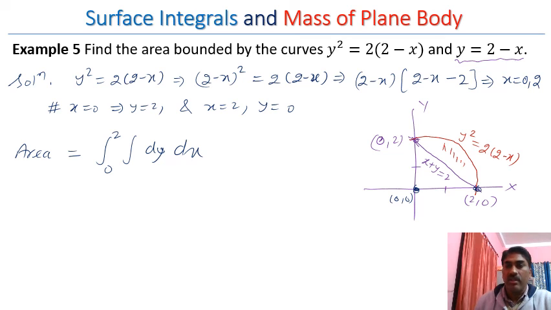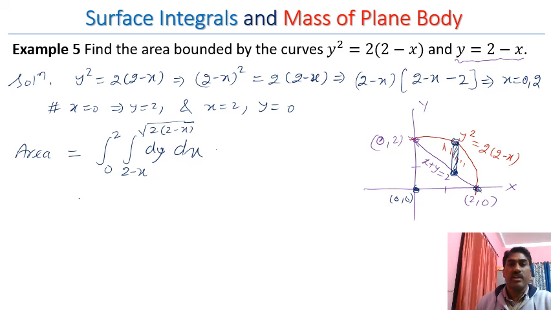For y, again draw a strip, and I am reminding you in each question that y takes its lower limit from the lower curve and upper limit from the upper curve. At the lower curve y is 2 minus x, and at the upper curve y is the square root of 2 into 2 minus x. Just integrate this.